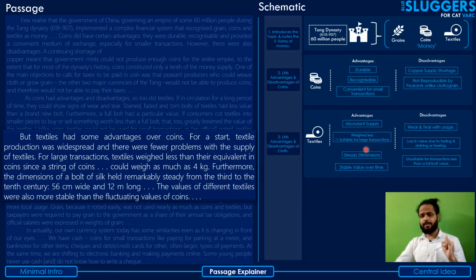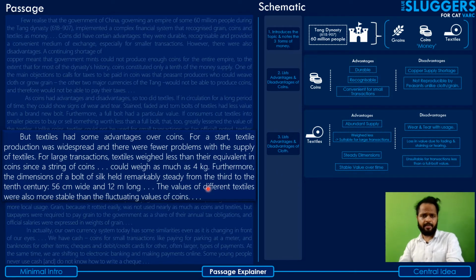Second advantage, that to represent a large transaction value, the same textile unit would weigh substantially less than the lot of coins that would be required to represent the same transaction value, right? And hence that's the second advantage.